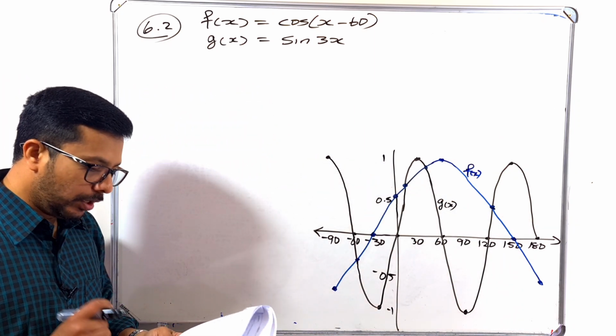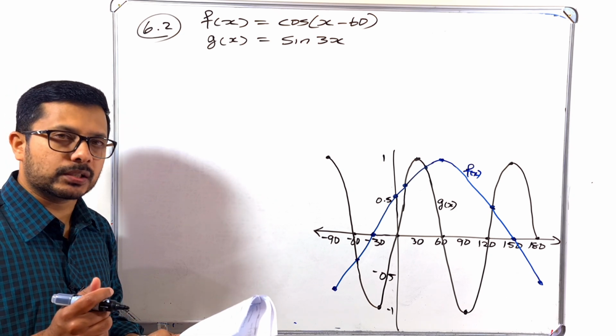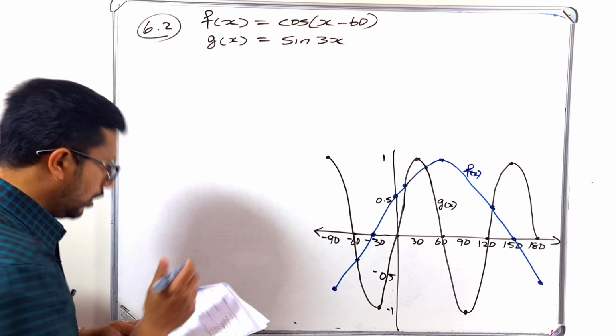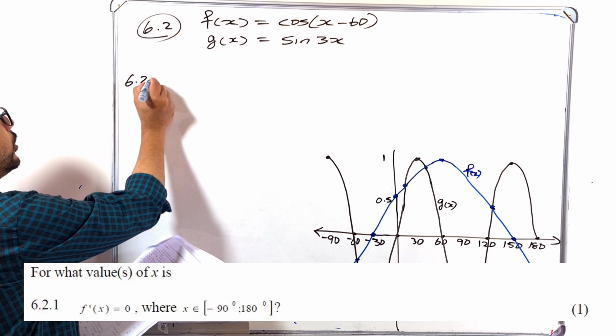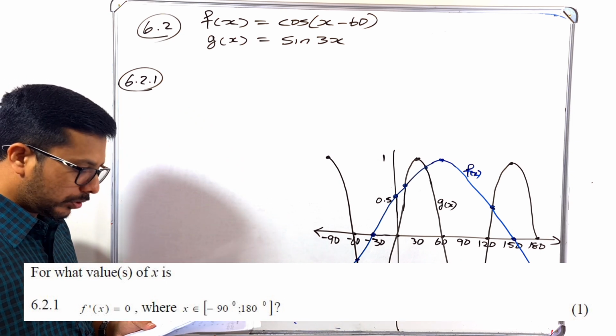What is the question? For what values of x? That means you have to find the values of x. And what is the first one? Question number 6.2.1. F dash of x is equal to 0.